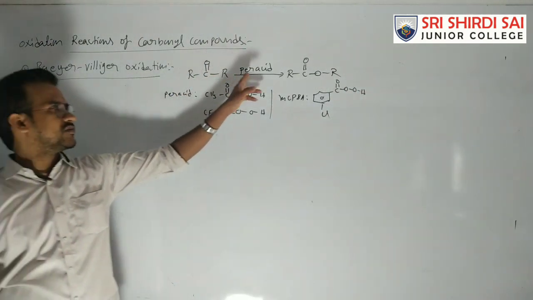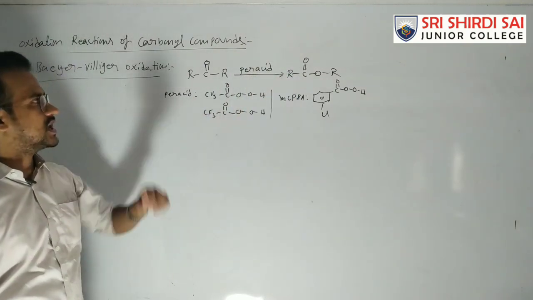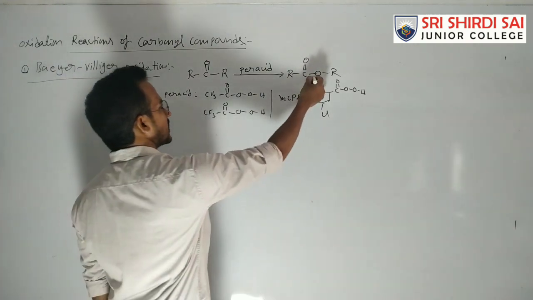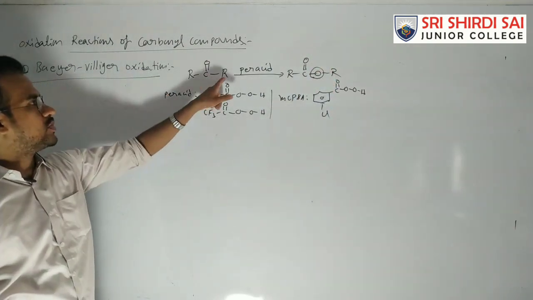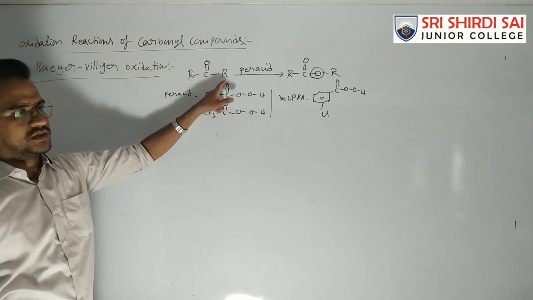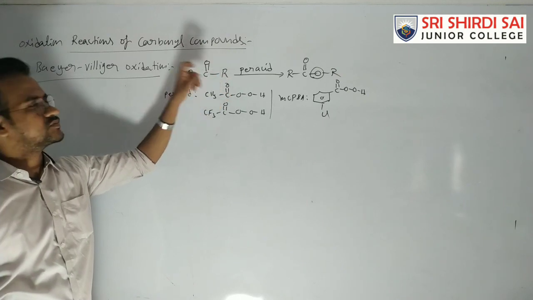So ketones on treating with peracid are converted to esters. In this reaction there is an insertion of oxygen between the carbonyl group and one alkyl group.